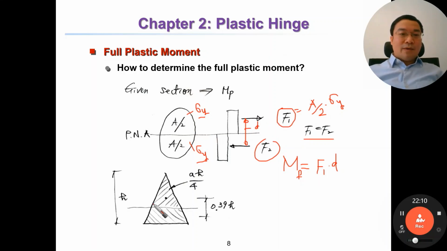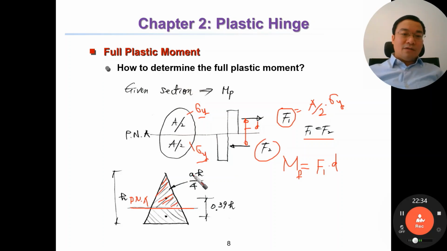For example, if we have a triangular section like this, we can determine the PNA here by dividing the section into two equal parts.